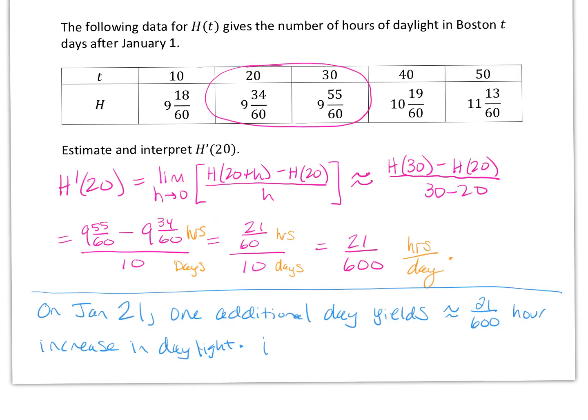So I'm going to say, that is, January 22nd, there will be approximately 9 hours and 36.1 minutes of daylight.